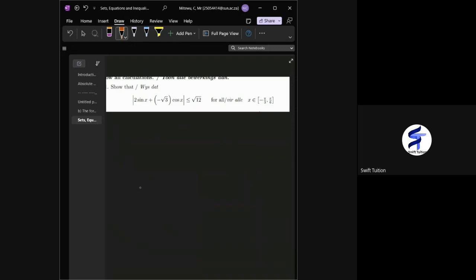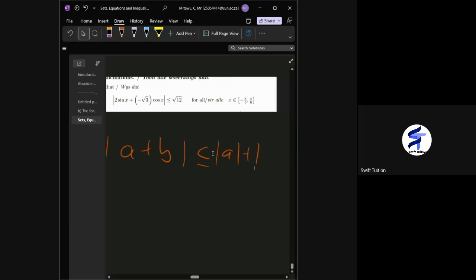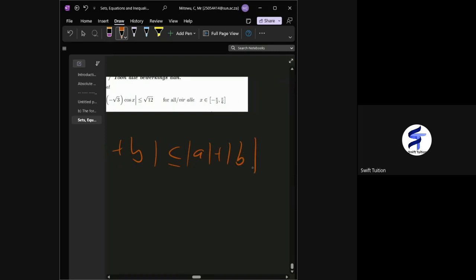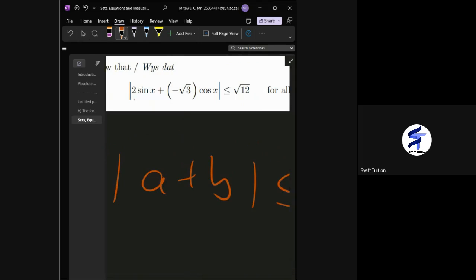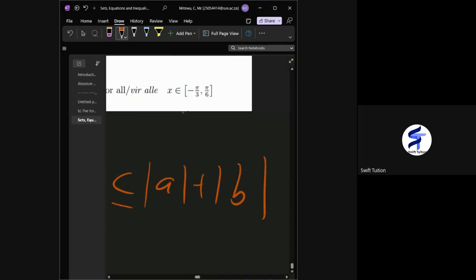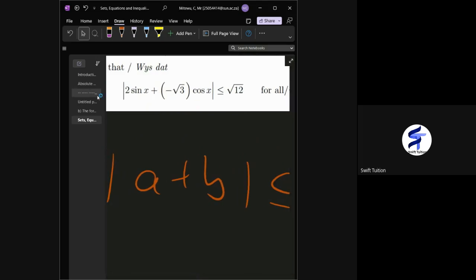The absolute value of the sum of two expressions, two functions, is going to be less than or equal to the absolute value of the one function plus the absolute value of the other function. So how does that relate in the context of these things over here? These can be rewritten in a bunch of different ways, but you can imagine this as a function, and then you are finding the sum of that function with another function. So they could have written this as this, right?